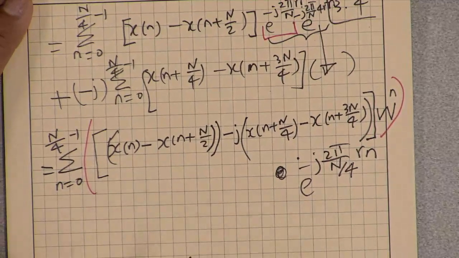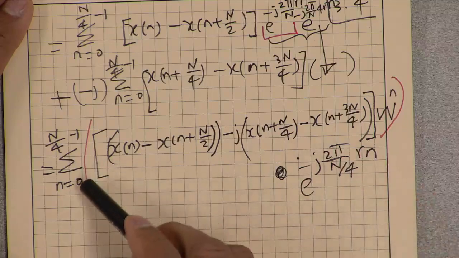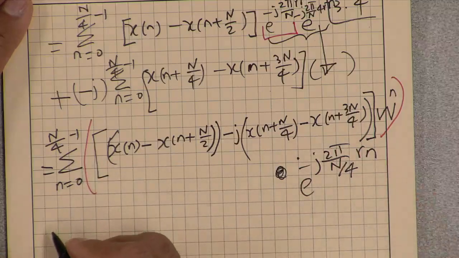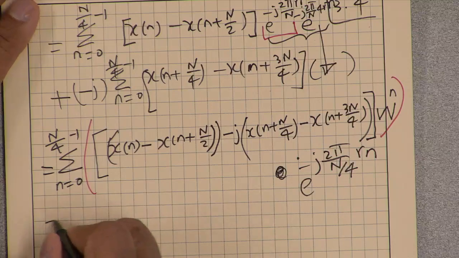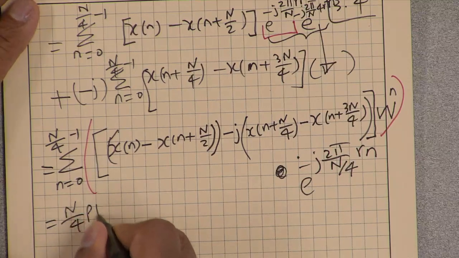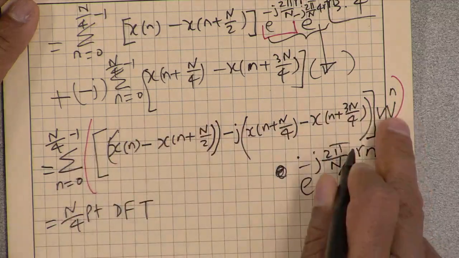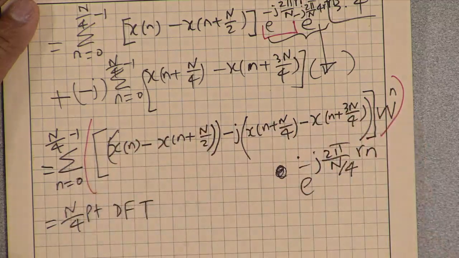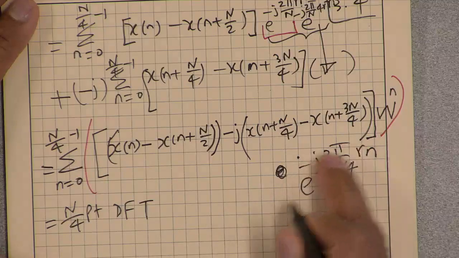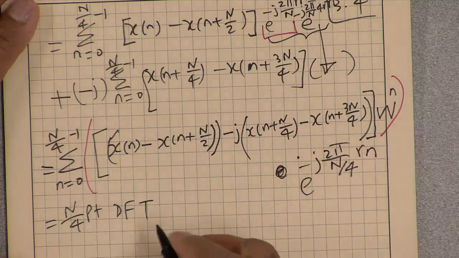So now you will recognize that this is the n by 4 point DFT of whatever is inside that red bracket, that's the complex exponential.